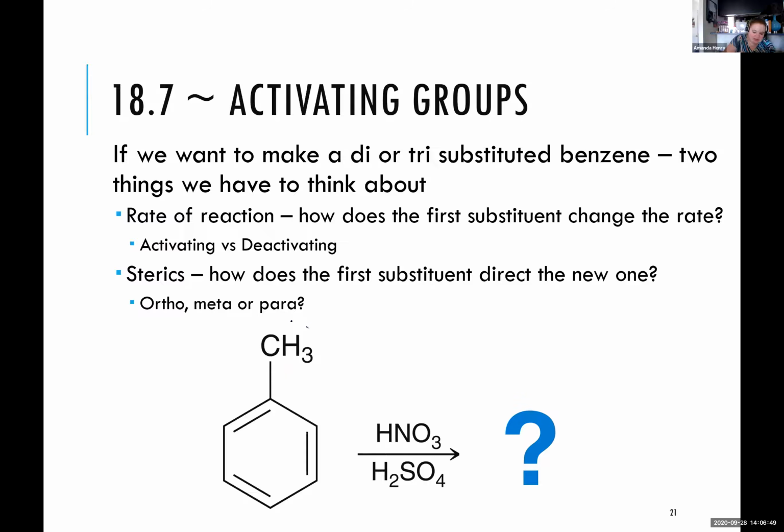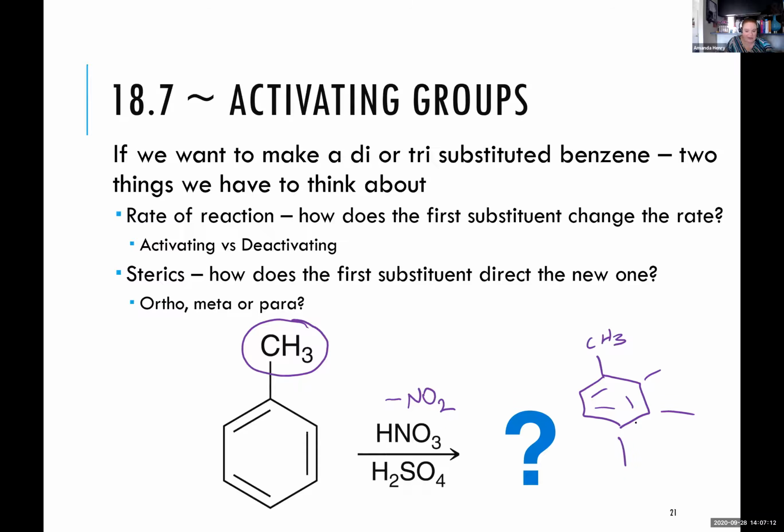So the example that's down here is that there's a methyl group. Now we are going to add an NO2 group with nitric acid and sulfuric acid, but the product that we're making is going to have a methyl group on it. And then the question is, where does that nitro group add?